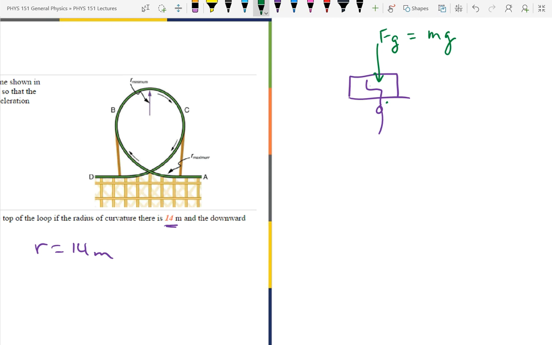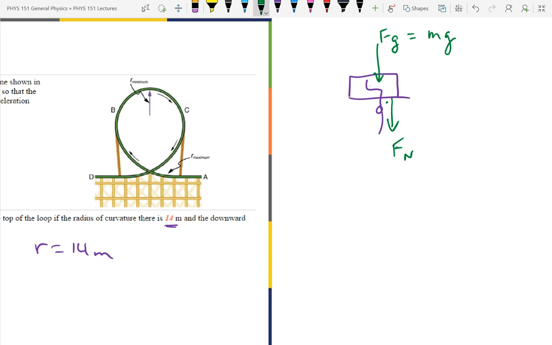What else is acting on you? The normal force. You have a force normal. Notice I made a force normal downward because you are firmly pressed into that seat. The seat is trying to keep you from going up into it. Normal force is pushing you down. Those are the only two forces.